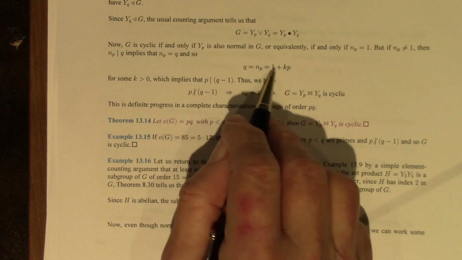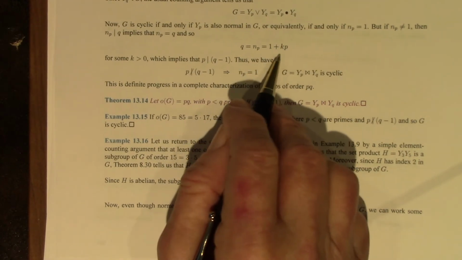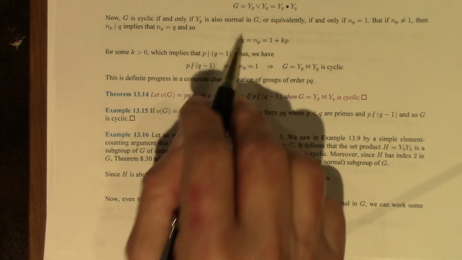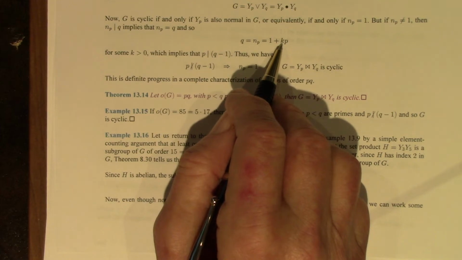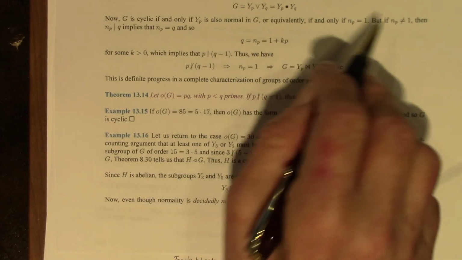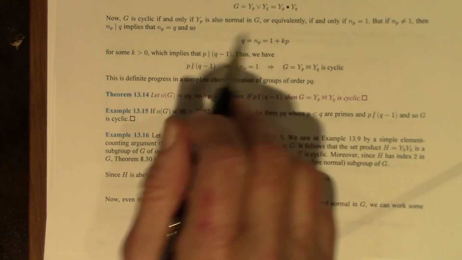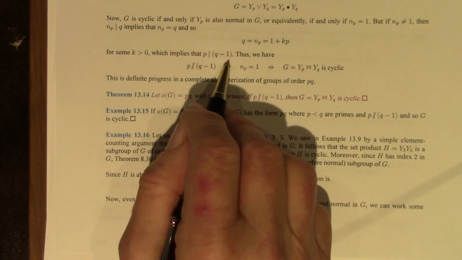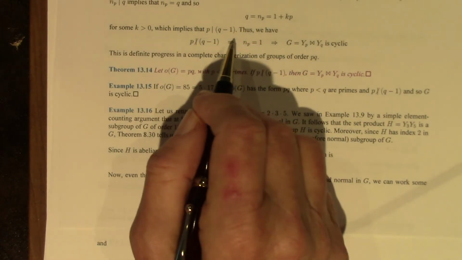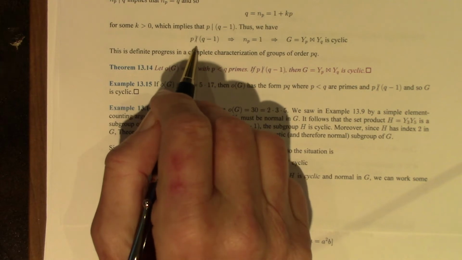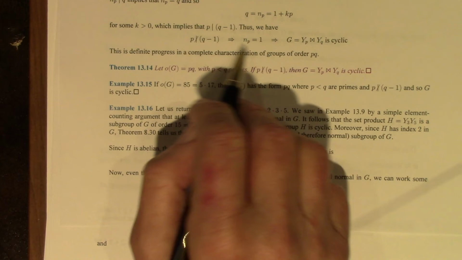Therefore, NP has the form 1 plus Kp, and that's equal to Q, and that's for some K bigger than 0, because we're assuming NP is not 1. And that implies that P divides Q minus 1. So what we learn from that is that if P does not divide Q minus 1, then NP has to be equal to 1. That's the contrapositive.